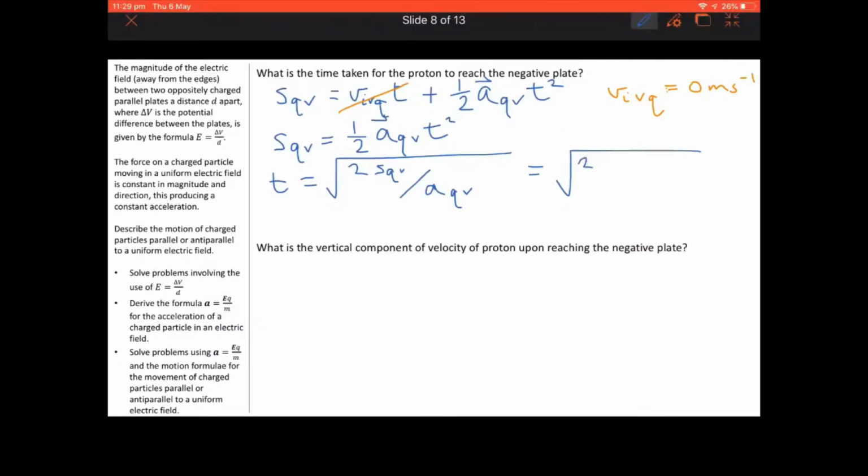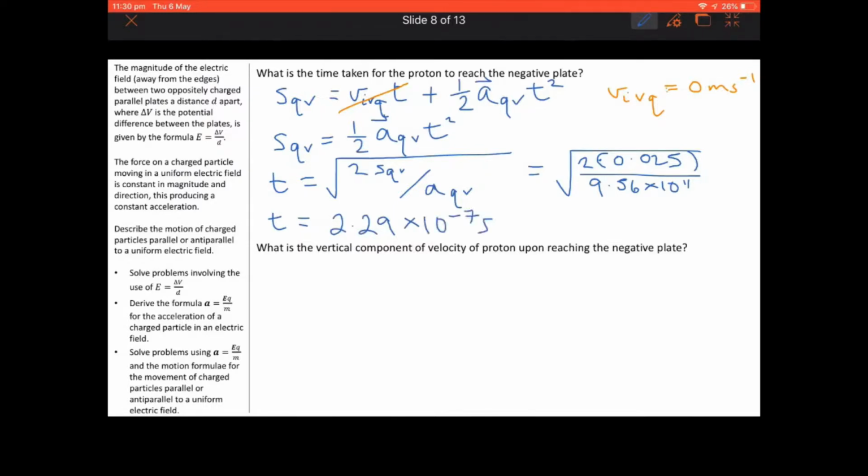So 2 by 0.025, and then the acceleration we worked out, it was 9.56 by 10 to the 11. Therefore, if you pop it all into your calculator, the time taken is going to be 2.29 by 10 to the negative 7 seconds.